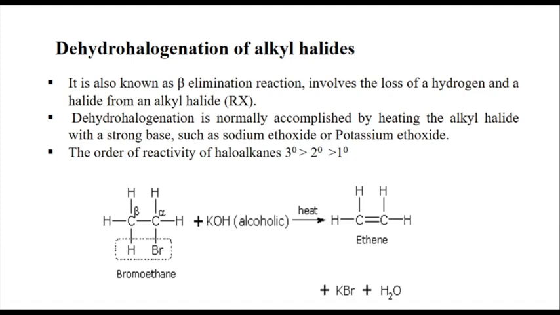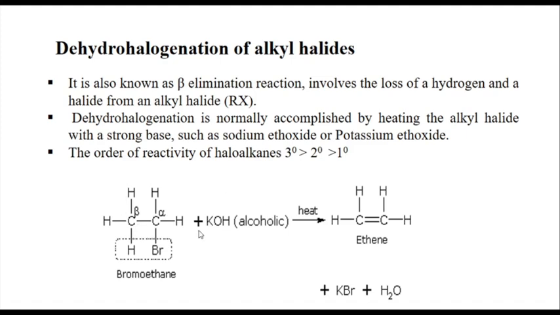Okay, so it is the E2 elimination reaction, and here the example is bromoethane, right? So when it is treated with the hot alcoholic KOH solution, here this is the alpha carbon and the nearby carbon is the beta, right?